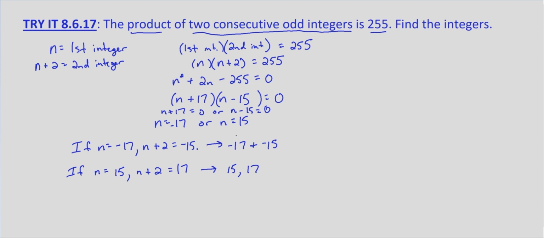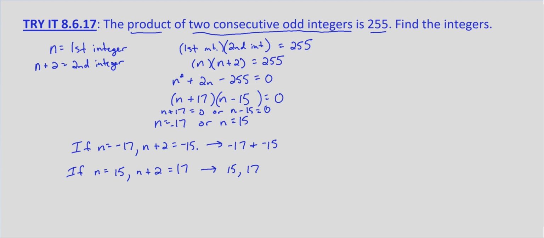And these are both sets of consecutive odd integers. So what we need to know is, is their product 255? Well, negative 17 times negative 15 is 255, and 15 times 17 is 255.